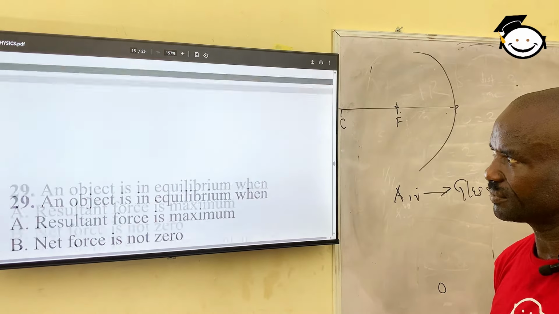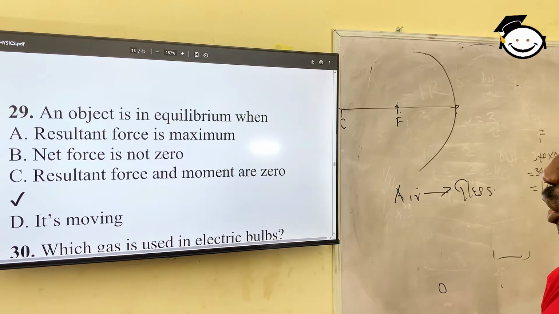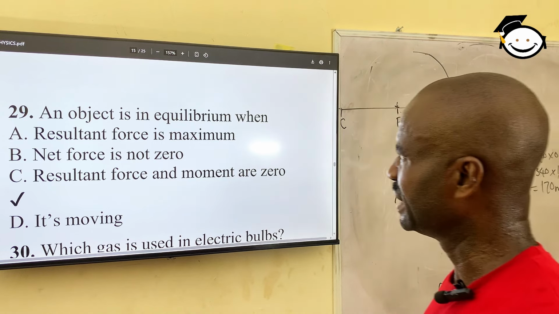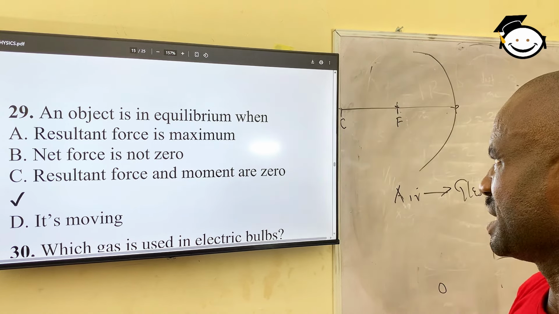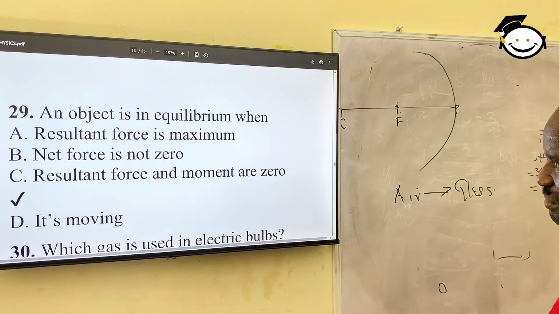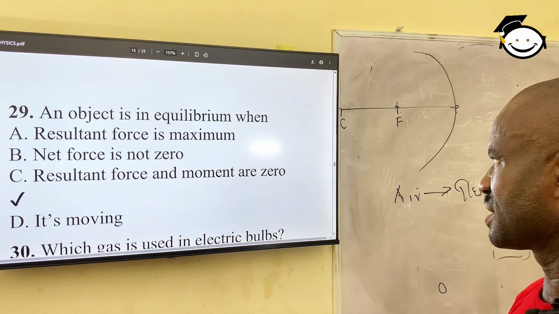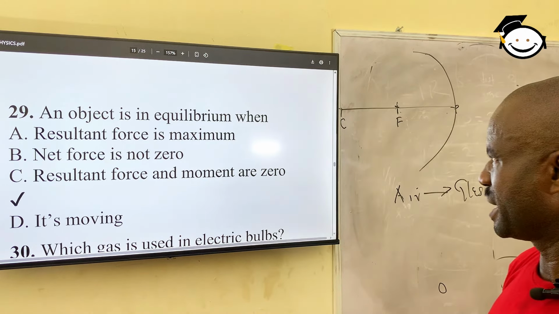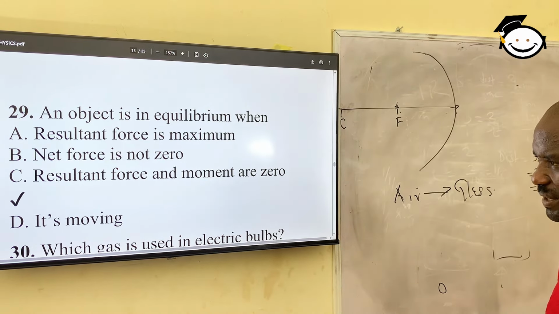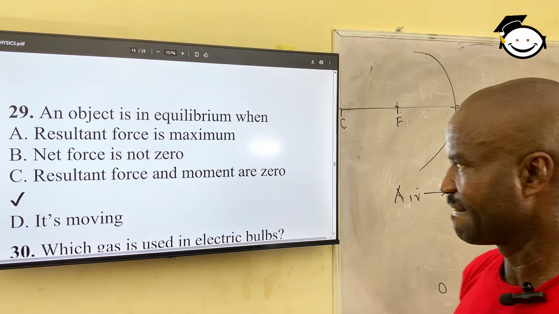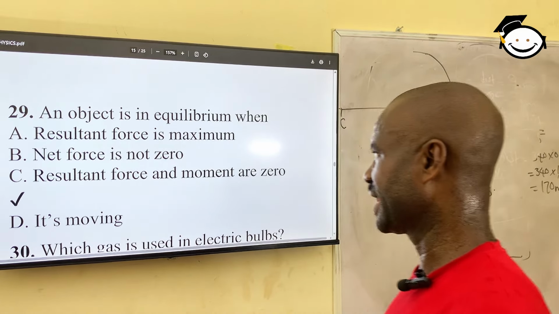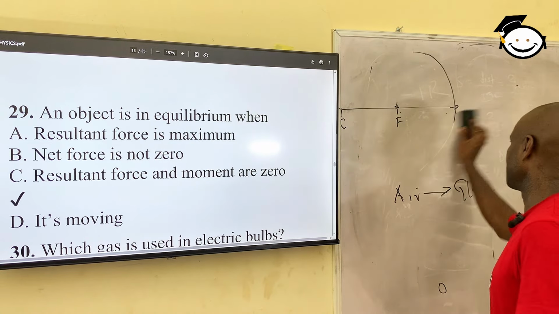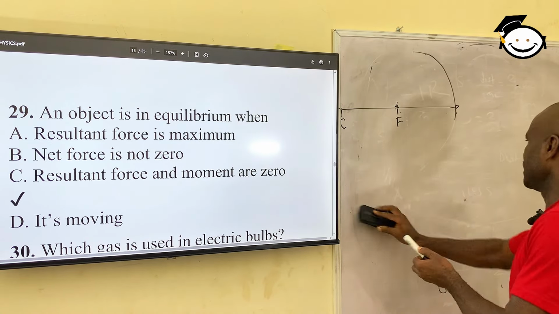29. An object is in equilibrium when the resultant force is maximum, net force is not zero, resultant force and moment are zero, or it's moving. The correct answer is C, resultant force and moment are zero.